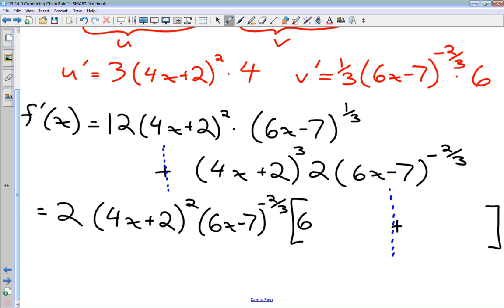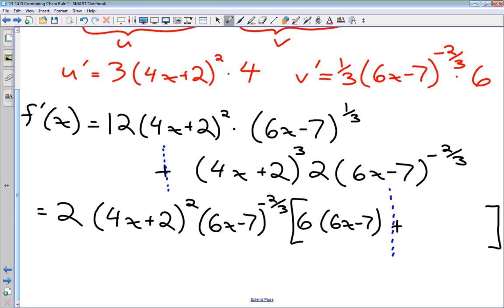And we've already dealt with the 4x plus 2. So what's going to be left is 6x minus 7 to the 1/3 divided by the term that we factored out, 6x minus 7 to the negative 2/3. So let's see, 1/3 minus negative 2/3 gives us 3/3, which is just 1. So we'll have 6x minus 7.